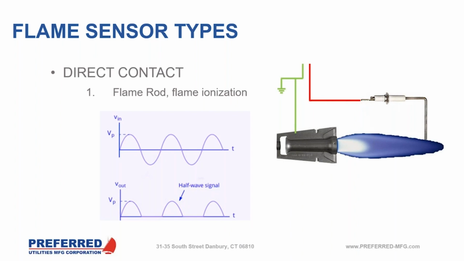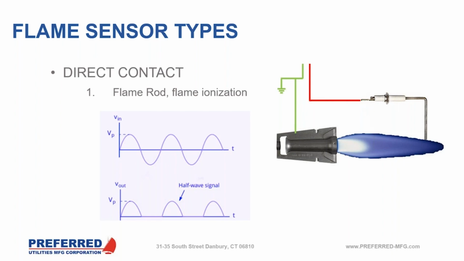In the flame safeguard itself, you're going to have the flame rod, which is usually made of a material called Kanthal, so it's very high temperature resistant, and it will be inserted where the flame needs to be. One of the real advantages of a flame rod is you can determine where you want that flame length to be at a minimum, and therefore it's going to determine, yep, I've got flame there.